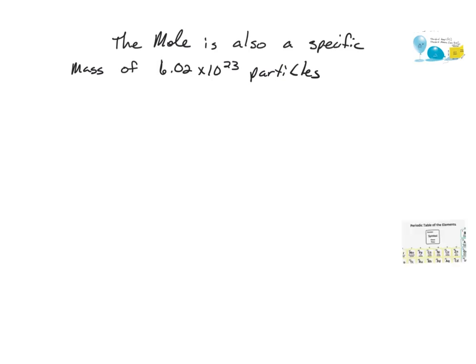So, a specific mass for all these particles. Now, for atoms, all atoms do not have the same mass. So all those elements on the periodic table have different masses.